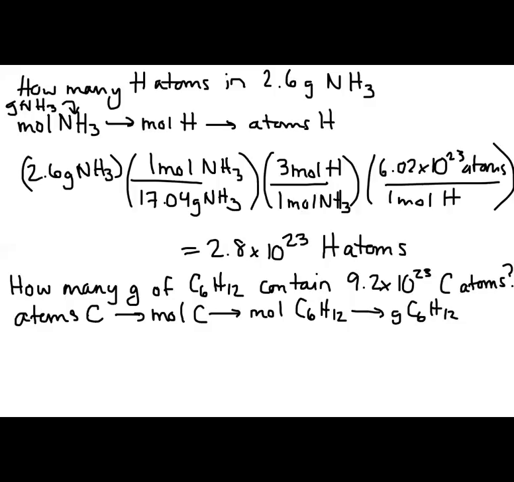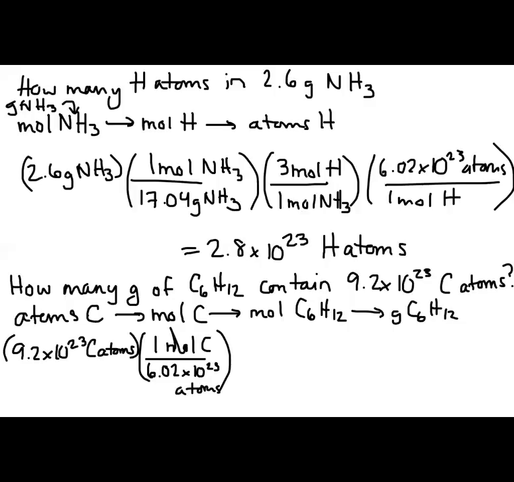So we're going to start out with 9.2 times 10 to the 23rd carbon atoms, and turn that into moles of carbon, which is 6.02 times 10 to the 23rd atoms per 1 mole of carbon. What's our molar ratio? One mole of C6H12 over 6 moles of C, because there are 6 moles of C for every C6H12.